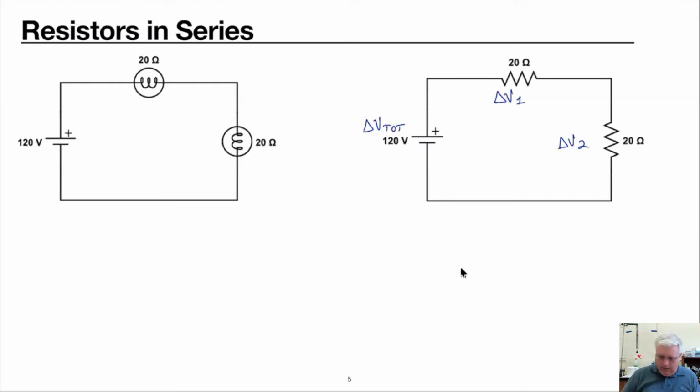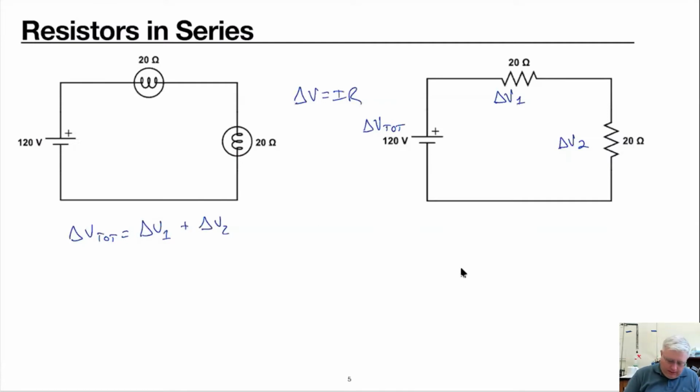If we put this in terms of Ohm's law, remember Ohm's law, V equals IR, then delta V total would be delta V1 plus delta V2.